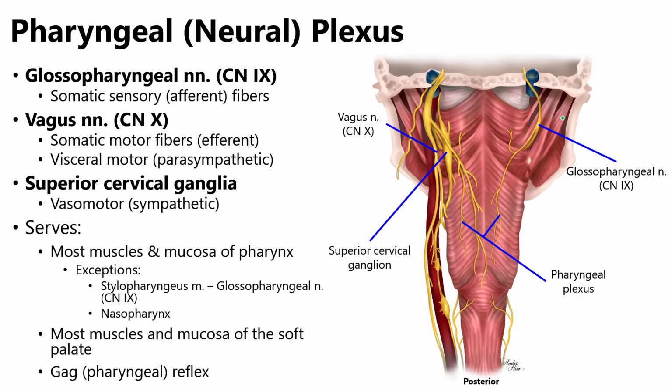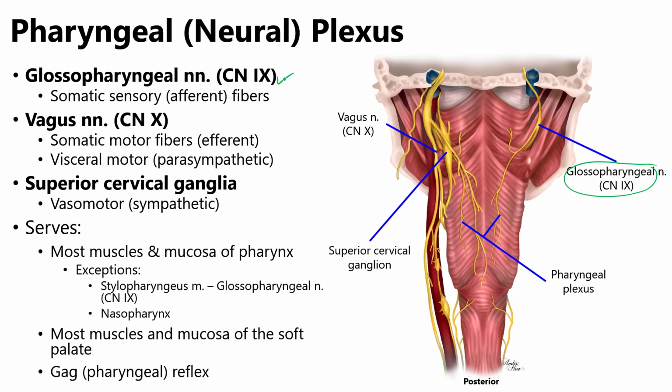So the pharyngeal neural plexus, in a little greater detail, consists of several parts. There's the glossopharyngeal nerve, which we've discussed previously, that is just motor to stylopharyngeus, but is somatic sensory from the entirety of the pharynx, minus the nasopharynx.